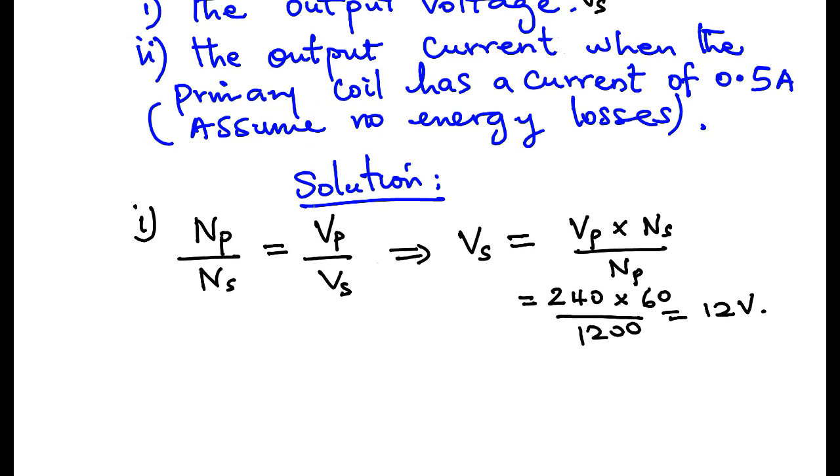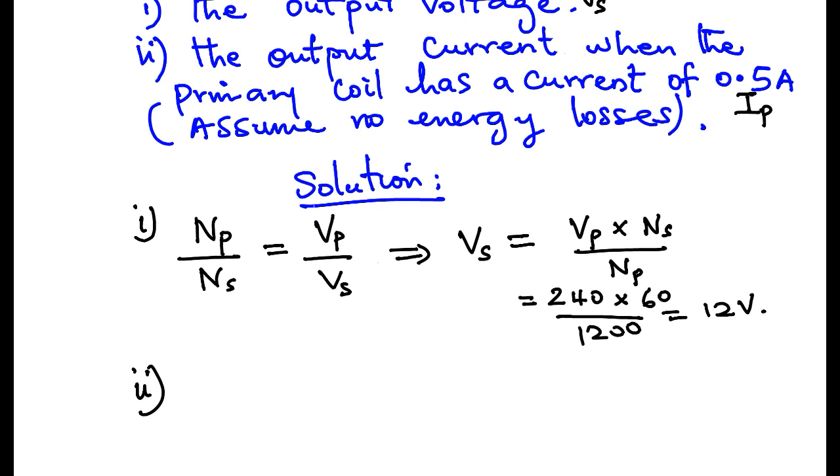Two, the output current when the primary coil has a current of 0.5 amps. So 0.5 amps is the current in the primary coil.